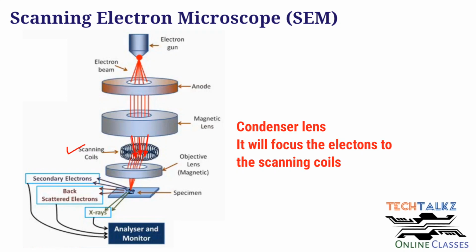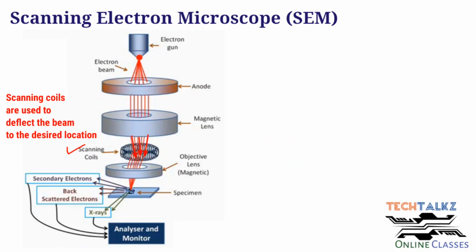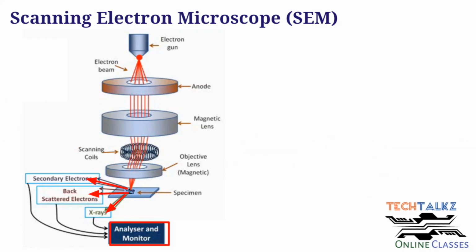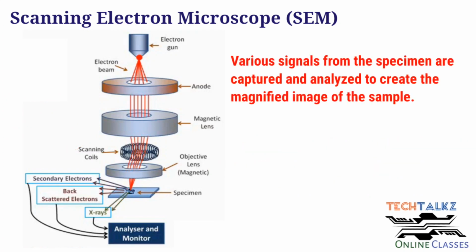These scanning coils are also called deflection coils. By adjusting the current through the coil, we can effectively focus these electrons to the desired locations on the sample. Then the backscattered electrons, the secondary electrons, and the X-rays are captured and analyzed.